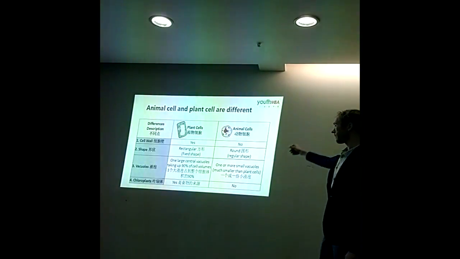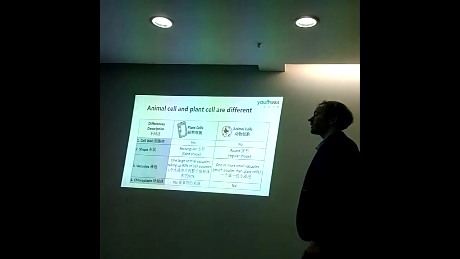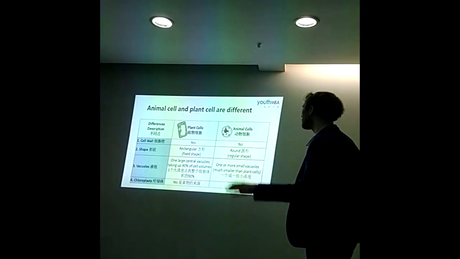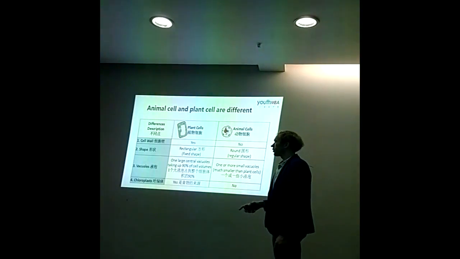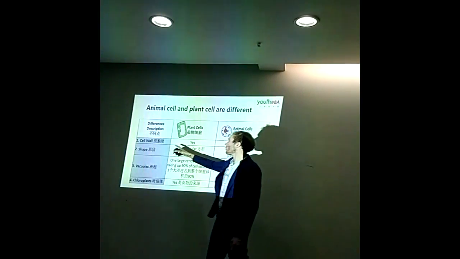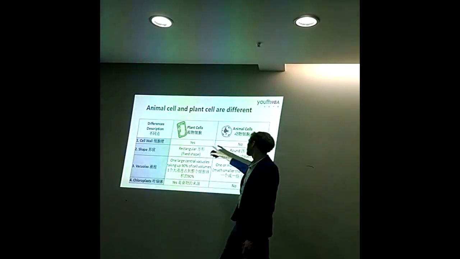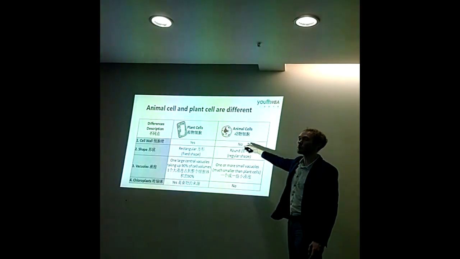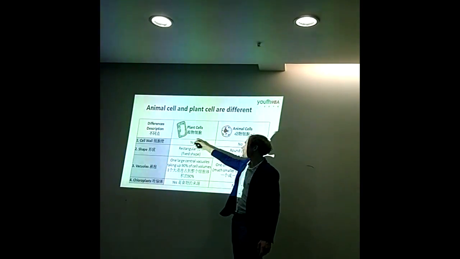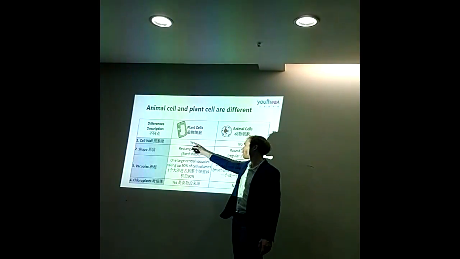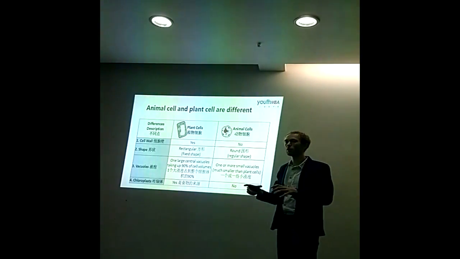So this is a comparison of those different organelles, different things inside of animal and plant cells. A cell wall is just in a plant cell, and there is no cell wall in an animal cell. Because the plant cell has a cell wall, it has a fixed shape, always the same, it doesn't change.